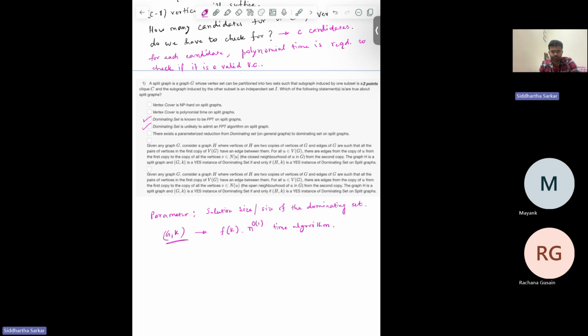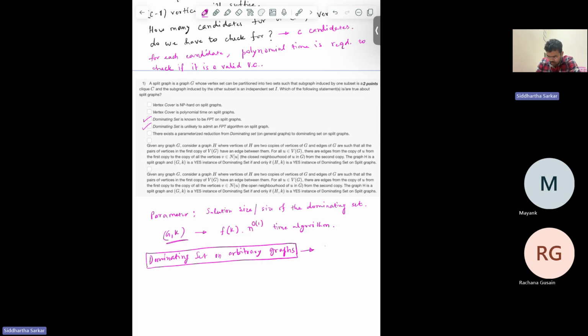So for example, if you look at the problem of dominating set on arbitrary graphs, it is known that this problem is unlikely to admit an FPT algorithm. So looking at dominating set on arbitrary graphs, it is unlikely that there is an FPT algorithm for this problem.